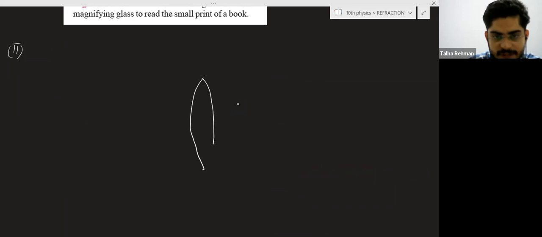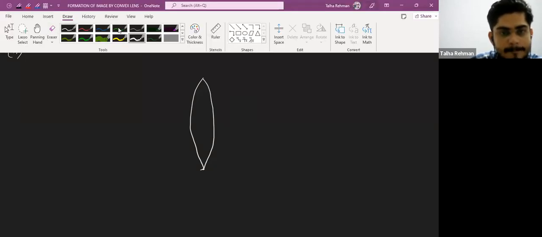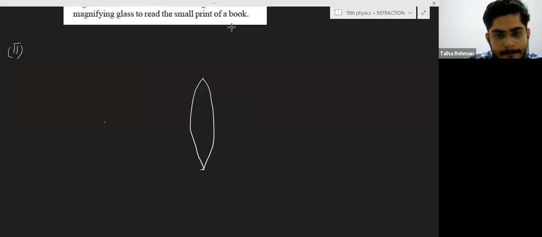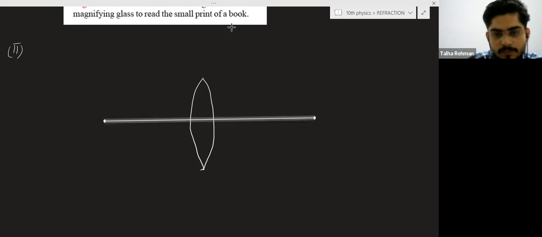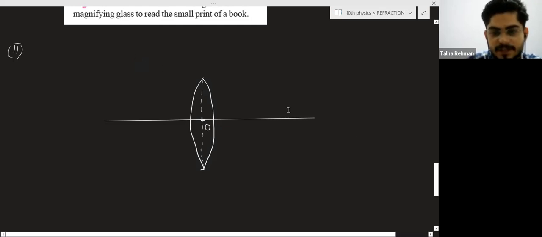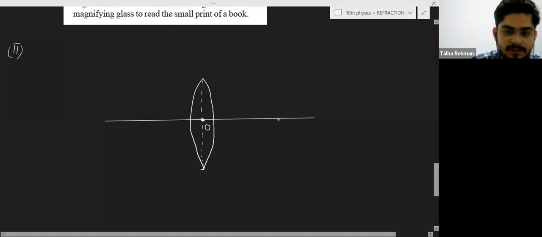Suppose this is the convex lens we have, and this point is the optical center, and this line is the principal axis.